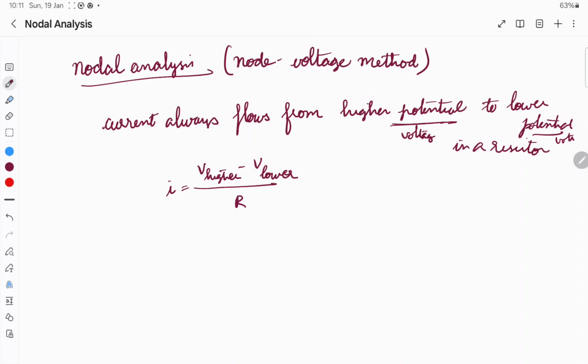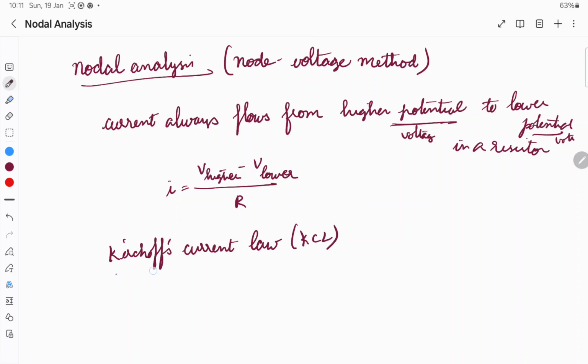With this in mind, to apply nodal analysis, we will be applying Kirchhoff's current law, which is KCL.